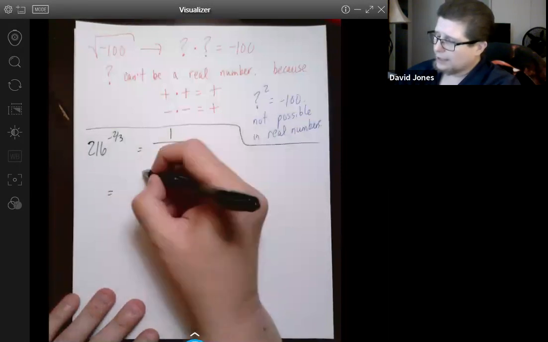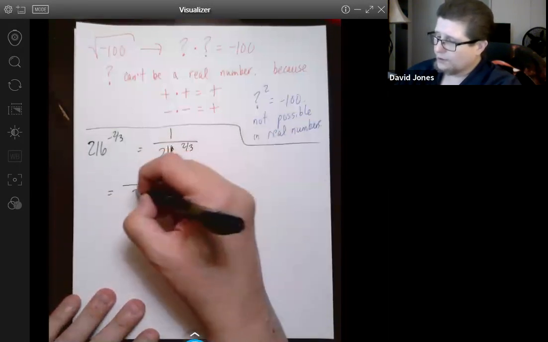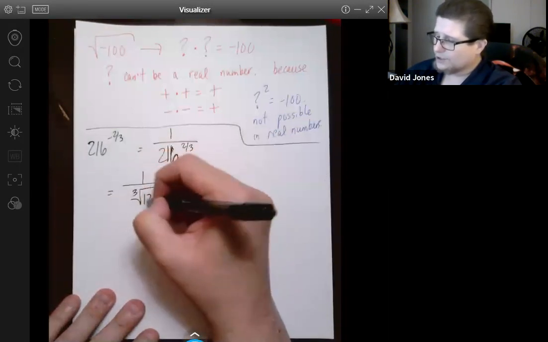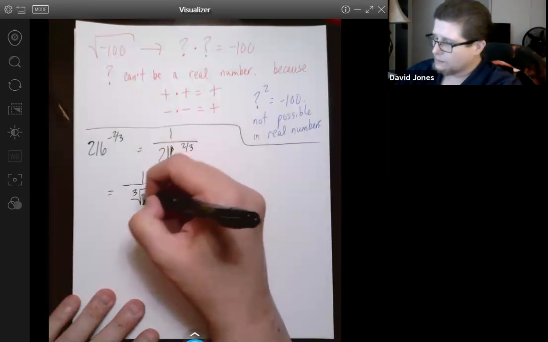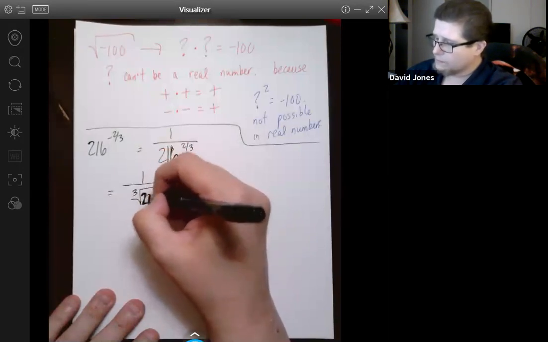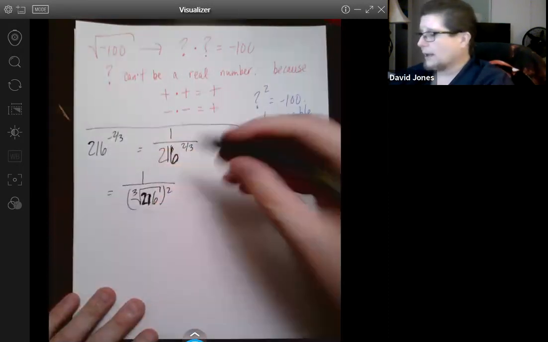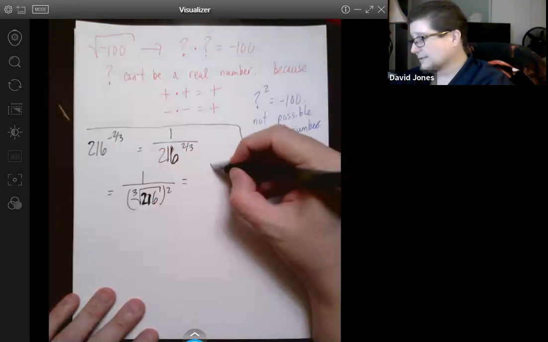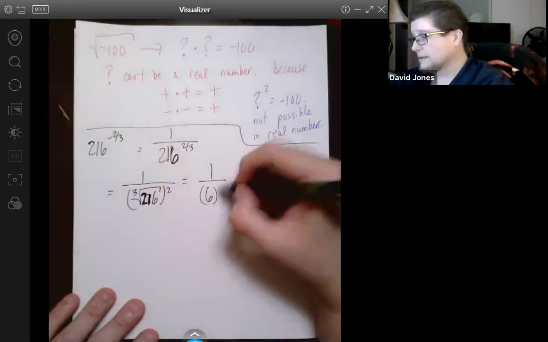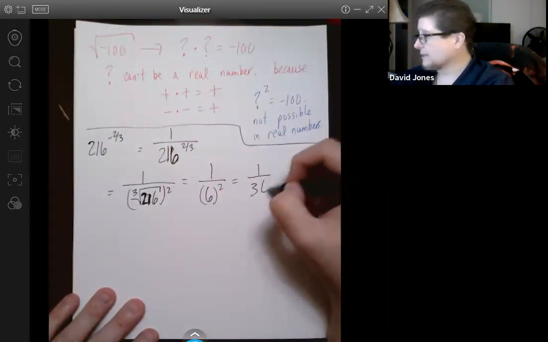And now I can split that up. That's the cube root of 216, and we're going to square it. And that is 6 squared, which is 1 over 36.